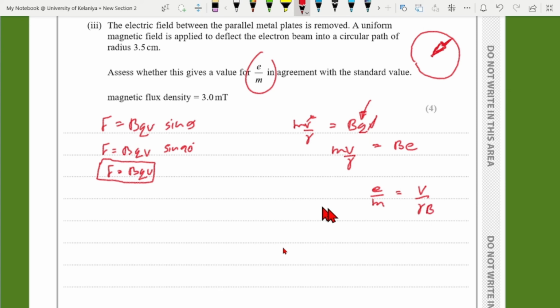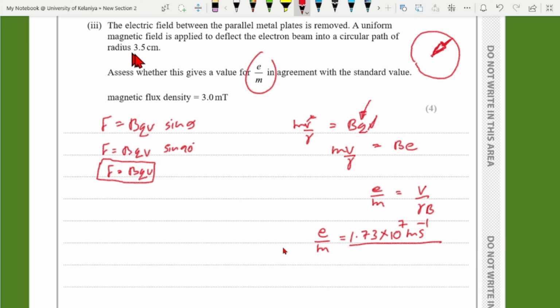So if you calculate this one, e over m, here we already calculated v. It is 1.73 times 10 to the power 7 meters per second over rB.